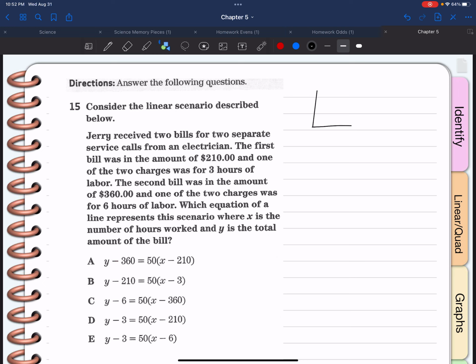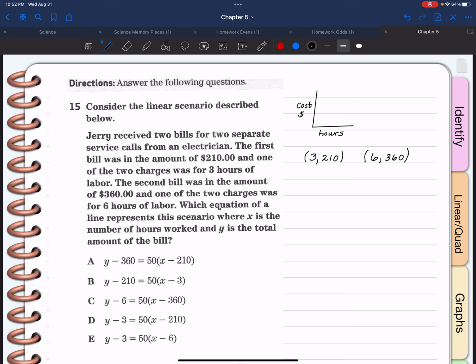So again, we have x is the number of hours and y is the cost in dollars. So on the first bill, the hours were 3 and the bill was $210. On the second bill, the hours were 6 and the bill was $360.